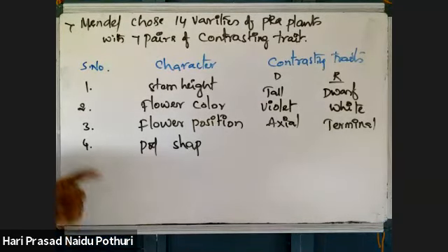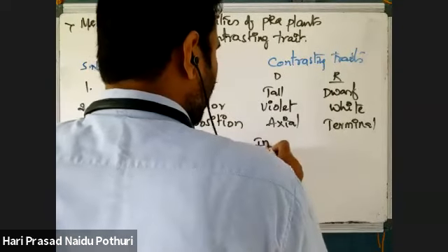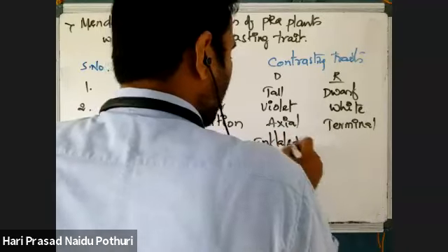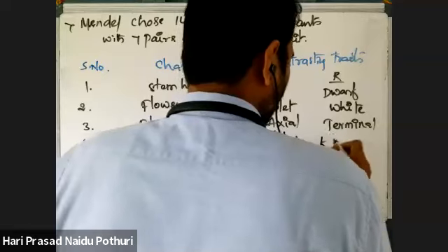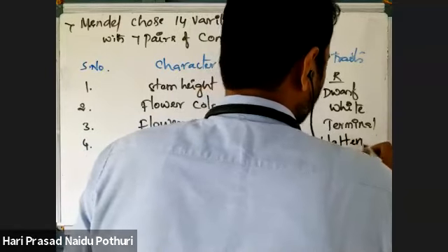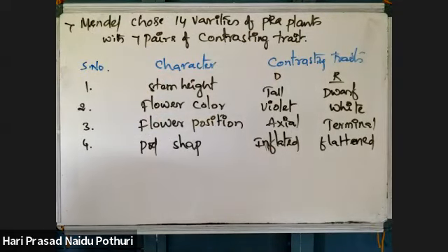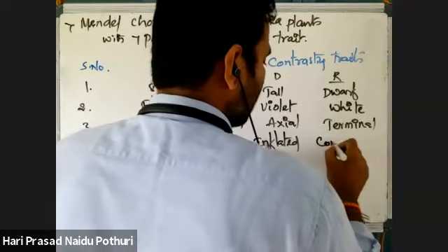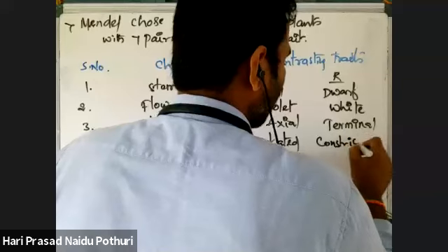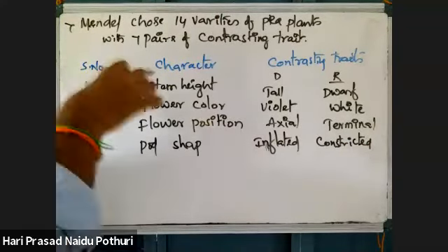That legume fruit, which shape is there? Here the pod is inflated. Inflated means like a balloon with air. Or flattened, meaning not big in size; we can say constricted. Inflation means blowing air inside.